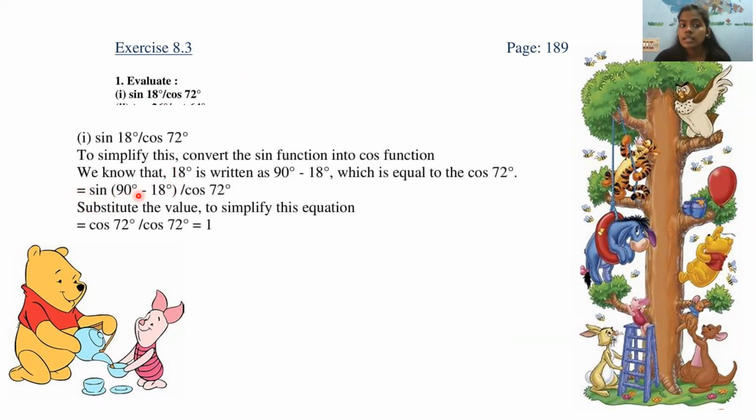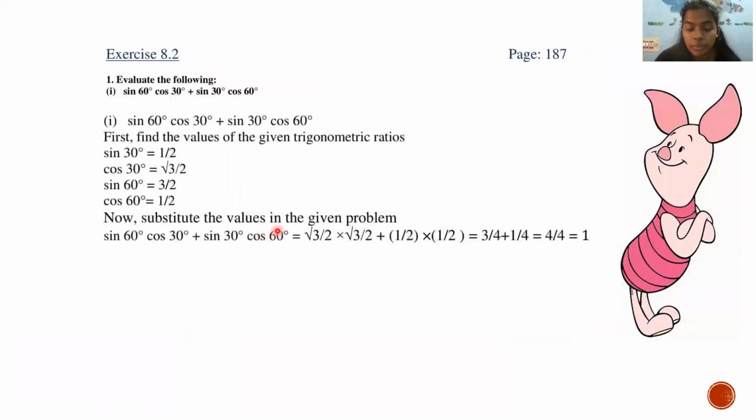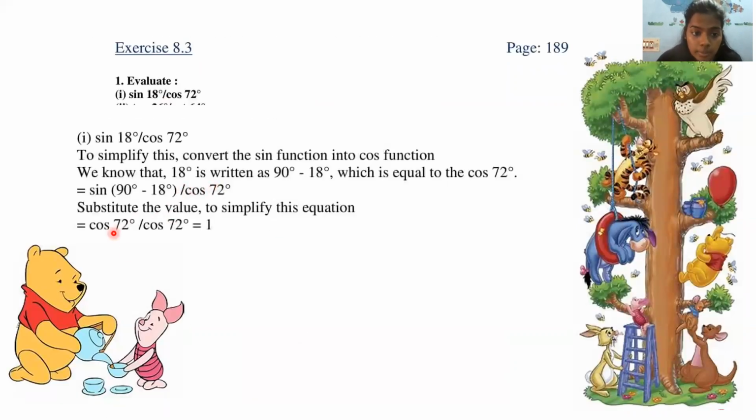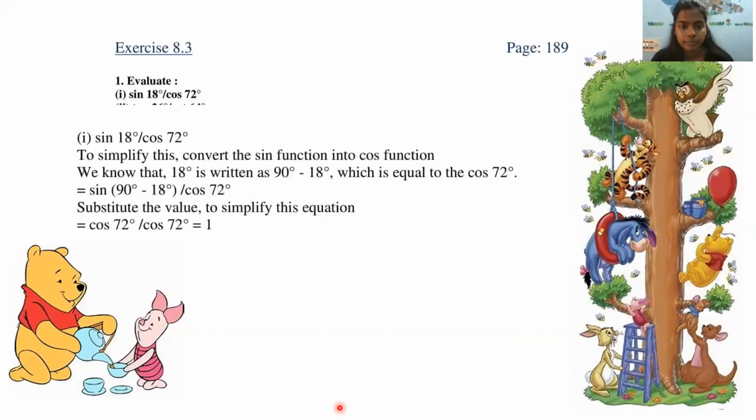Cos 72, right? Sine of 90 minus theta is cos theta, so sine of 90 minus 18 will be cos 72. So this will become cos 72 divided by cos 72, which is equal to 1. Easy. As I said, these values are easy when you are able to understand the concept.